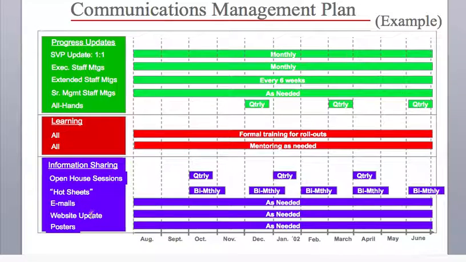And here, information sharing is an open house session, then it is quarterly; hot sheets, again maybe bi-monthly; email as needed, website update as needed, posters as needed. So this is the way you share with them, and then they can have a complete idea about how things will work.